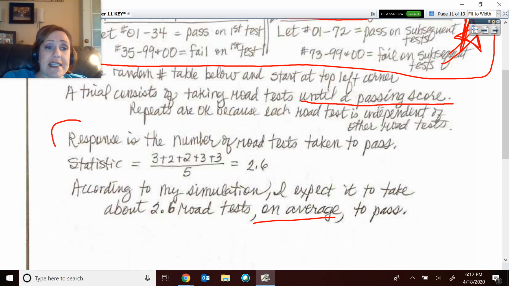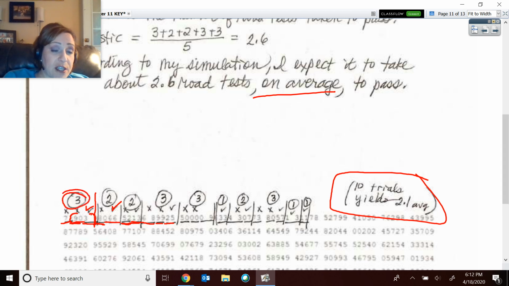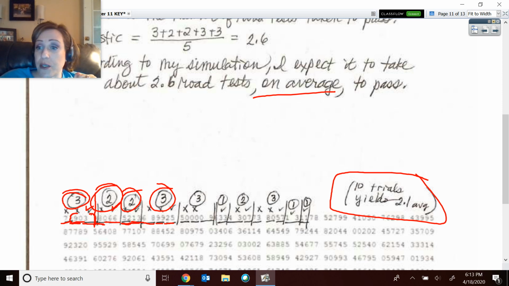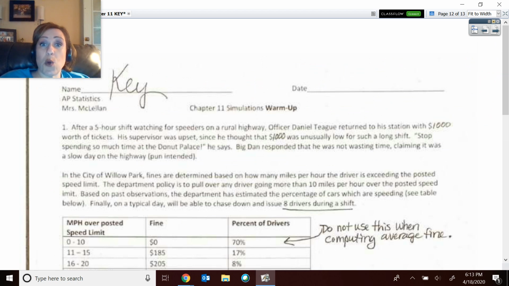The response is that number of road tests I had to take until I got one. So there's why our responses were number values. And then my statistic, I averaged those. Okay, so that was that last one on the assignment 2.